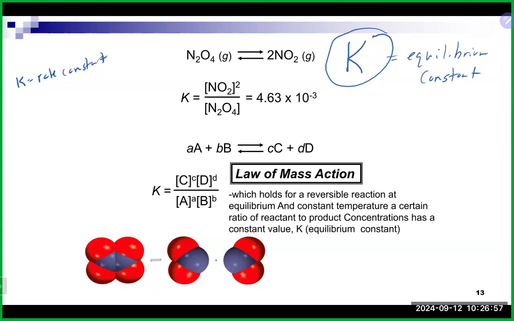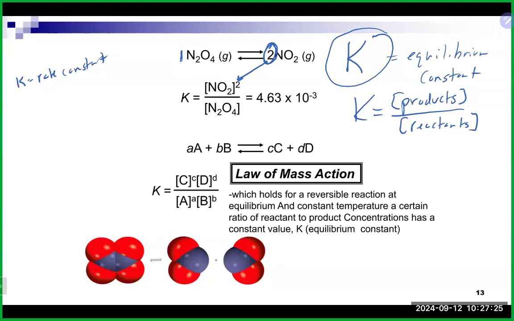To calculate the equilibrium constant, we take the concentration of our products over the concentration of our reactants. So it's always products over reactants. Unlike in kinetics, in equilibrium, we absolutely use the coefficients as the exponents.